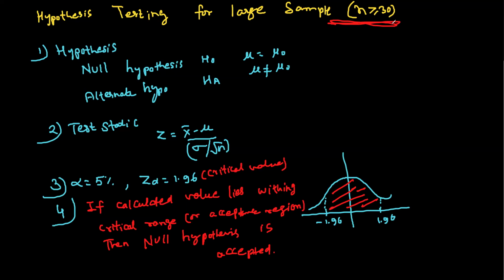If you find the confidence interval, sometimes the range is not asked. You will be asked only to find whether it is accepted or rejected.